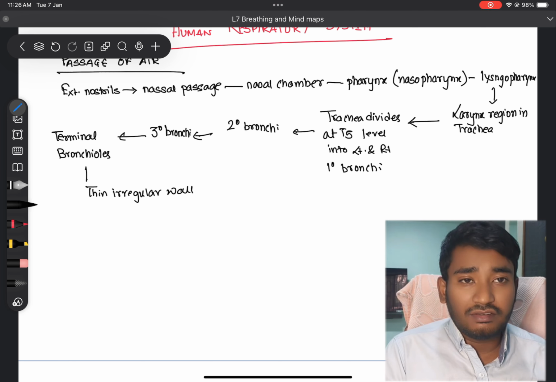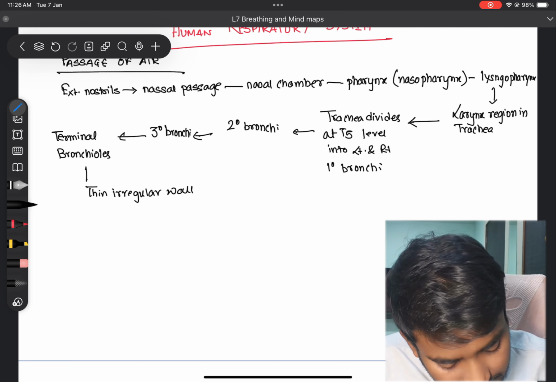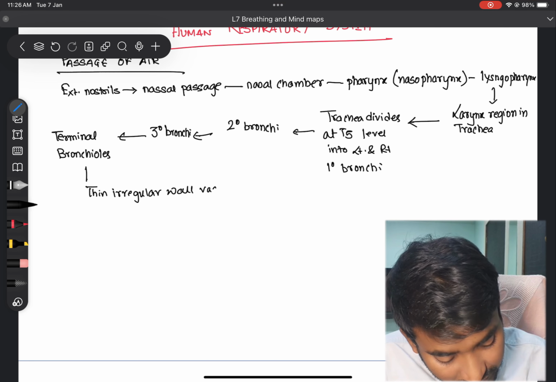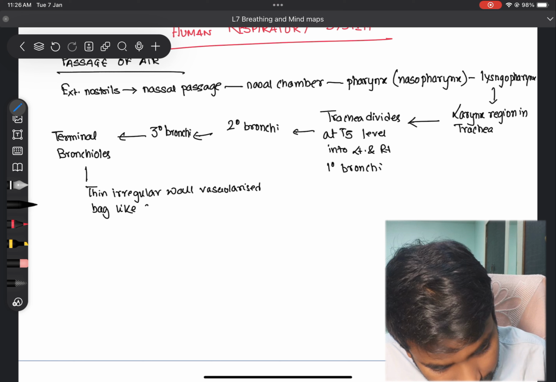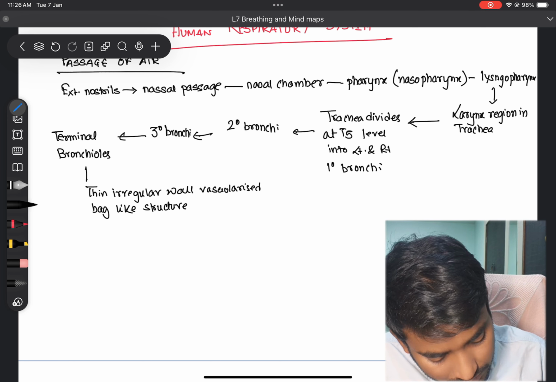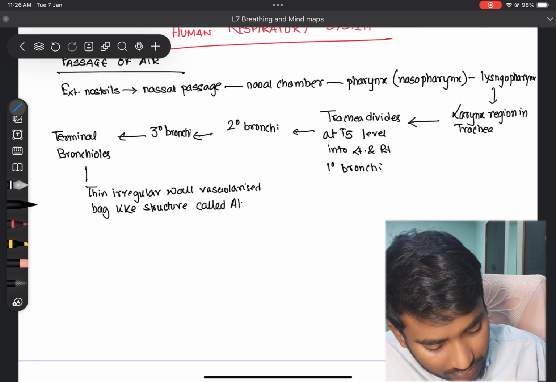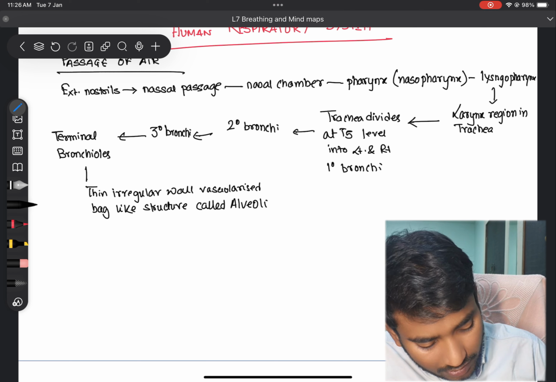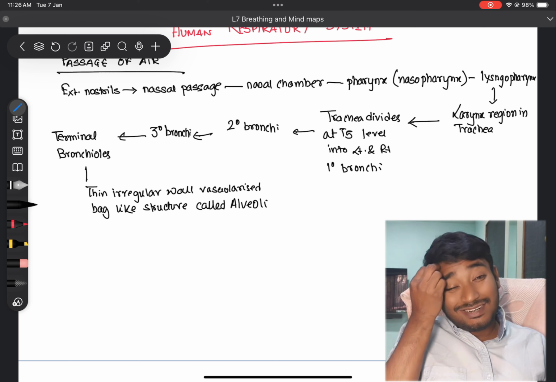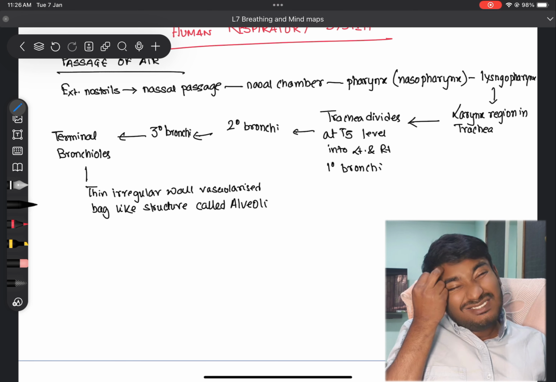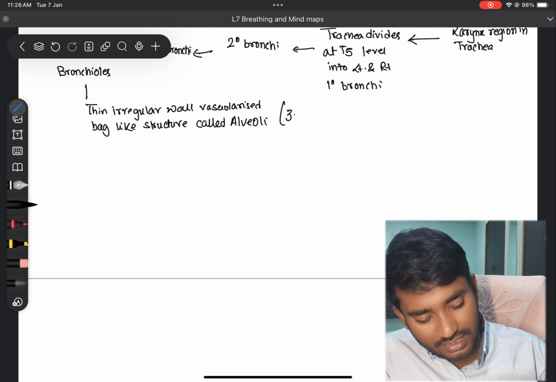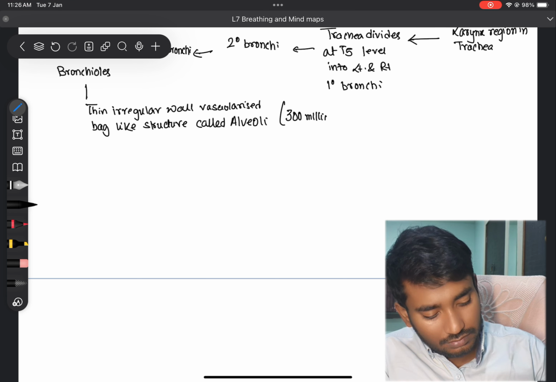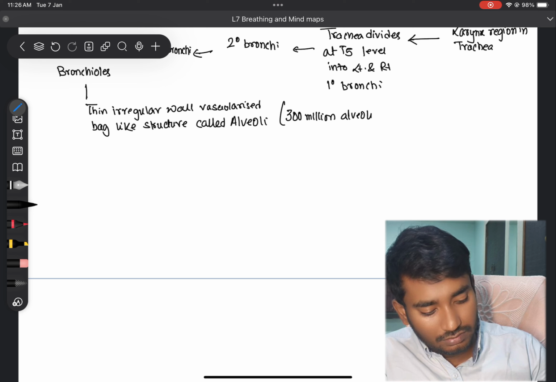Yesterday I uploaded a shot of the alveoli, just see that. Thin irregular wall, vascularized bag-like structure called alveoli. Each lung contains 150 million alveoli, so both lungs contain approximately 300 million alveoli.